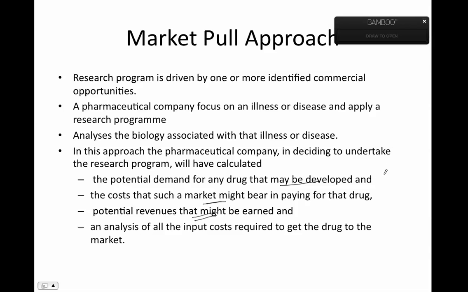These four points have to be taken care of by the management of the pharmaceutical company in order to innovate, invent, and take out a drug for protection in the IP value chain.